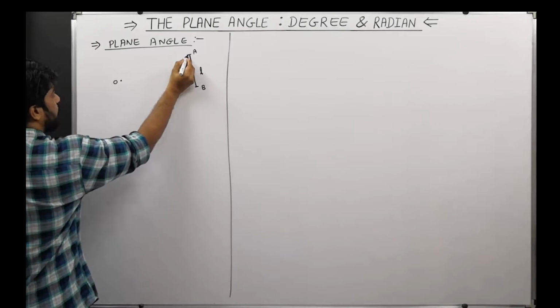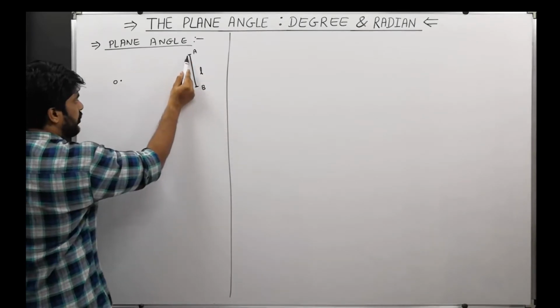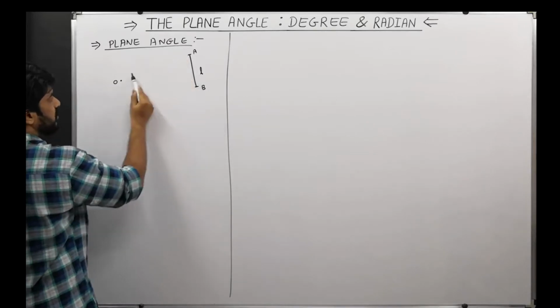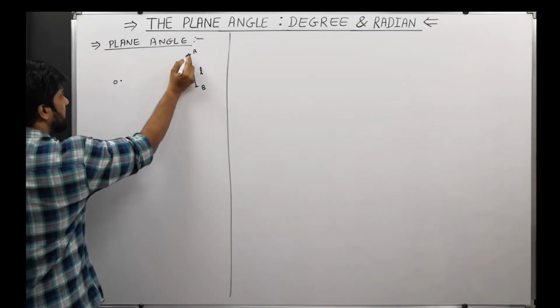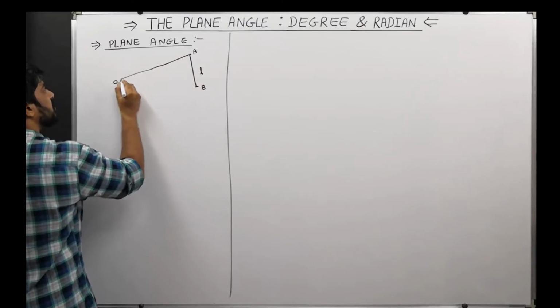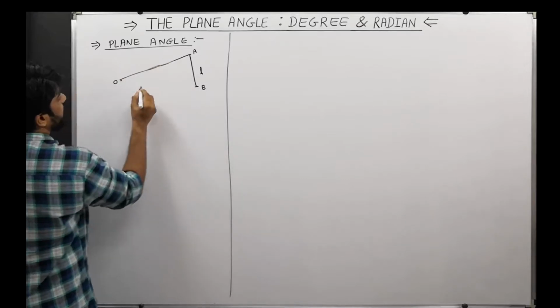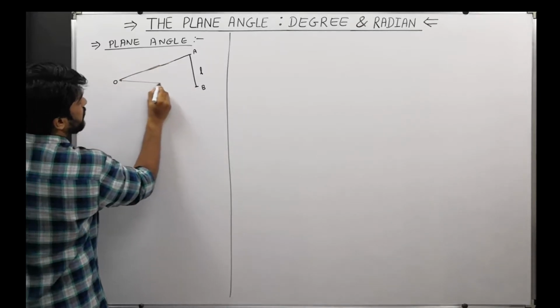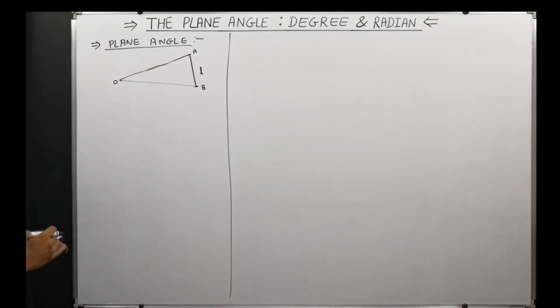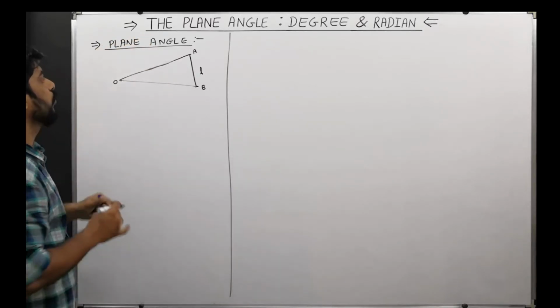So what I'm doing is there is a line AB and I am joining the edges of this line with the chosen point. Same here with the point B. So I have joined AO and BO.